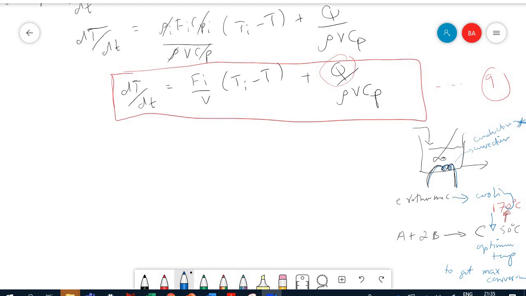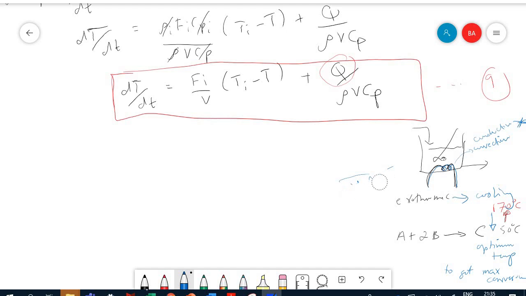Why? Because if we have the cool fluid here, okay, let me draw it. We have the cold fluid here.